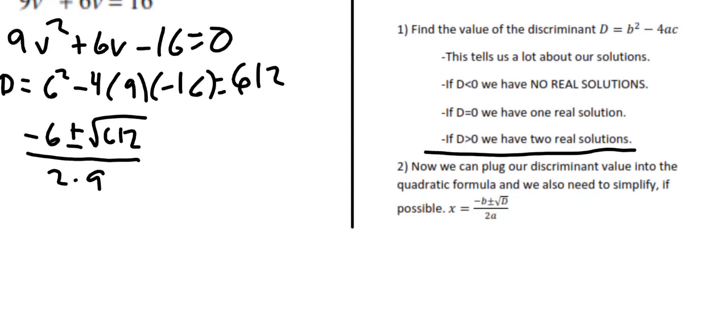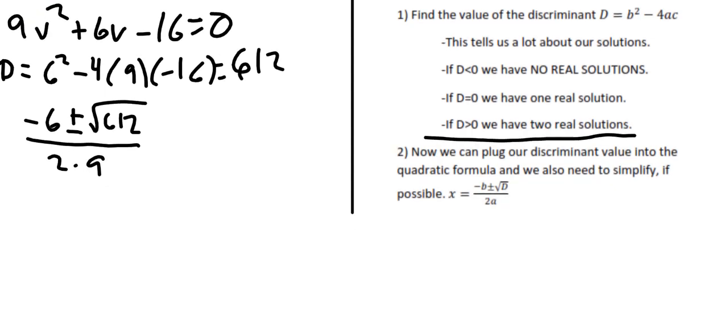So what we need to do right now is look for a perfect square. We need to see if we can simplify 612, pull anything out of that radical. We can do a factor tree if we wanted to. We can say 2 and 306.